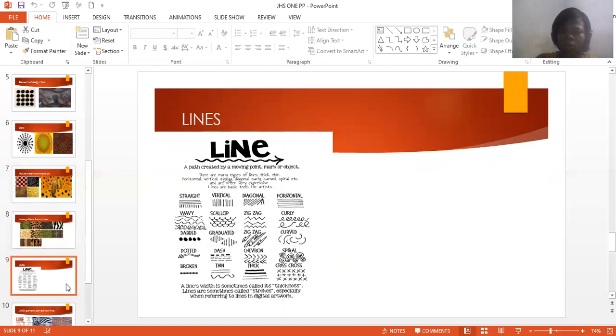Let's move on to line. Line is a path created by moving dots, a moving point, mark, or an object, as we stated earlier. Those are just a variety of lines. When we talk about line, there is a whole variety of lines. We have different types of lines: straight, vertical, diagonal, horizontal, wavy, scallop, zigzag, curly, dark, graduated, curved, spiral.